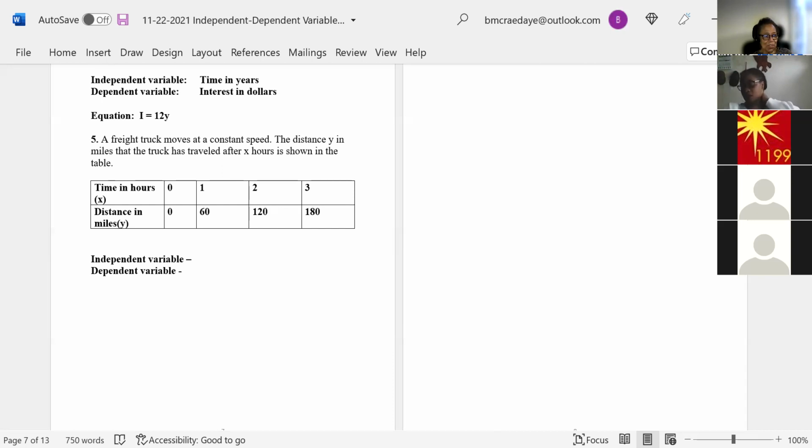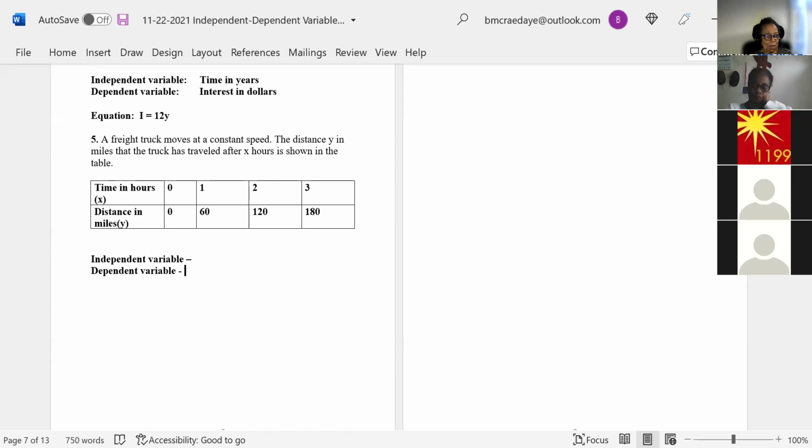A freight truck moves at a constant speed. The distance y in miles that the truck has traveled after x hours is shown in the table. So first, independent variable, dependent variable. What would you say, Alva?